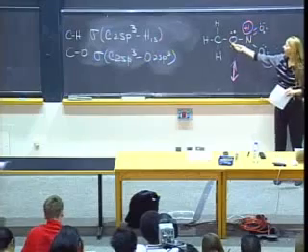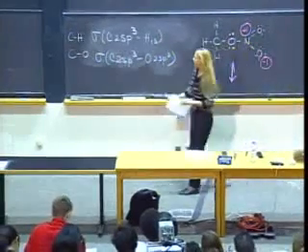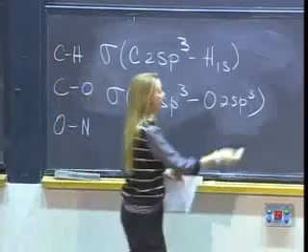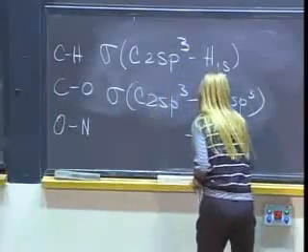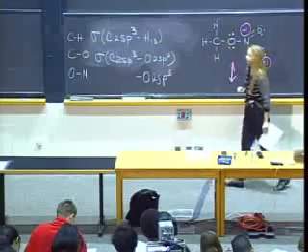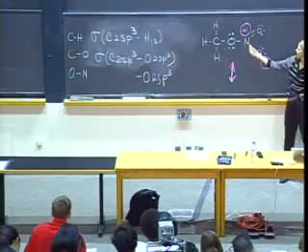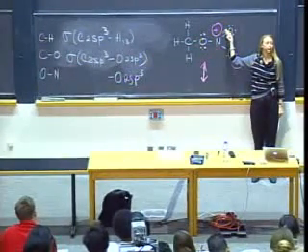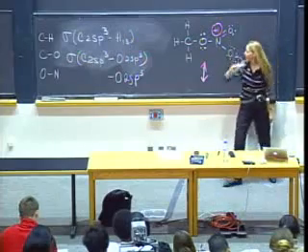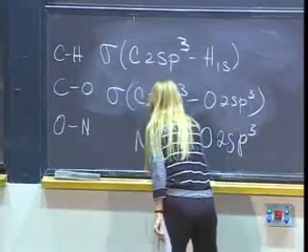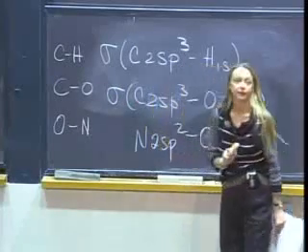Okay, next we have an oxygen-nitrogen bond. How do we describe the oxygen-nitrogen bond? Well, the oxygen, we already said, was 2sp3 hybridized. So we know that. But this nitrogen's got a double bond to it. If it's got a double bond to it, well, that nitrogen is 2sp2 hybridized.